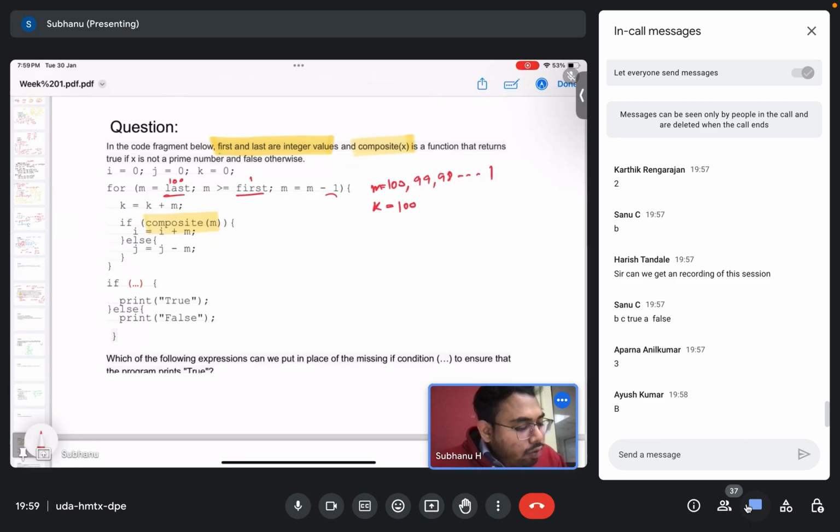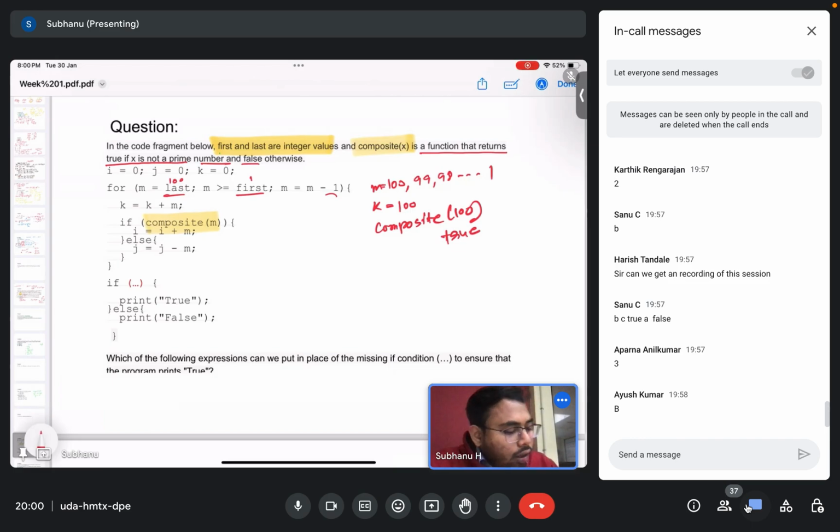Now check if composite m, so check this function composite 100. Composite 100 returns true if x is not a prime number and false otherwise. So is 100 a prime number or not? 100 is not a prime number, so it will return true.